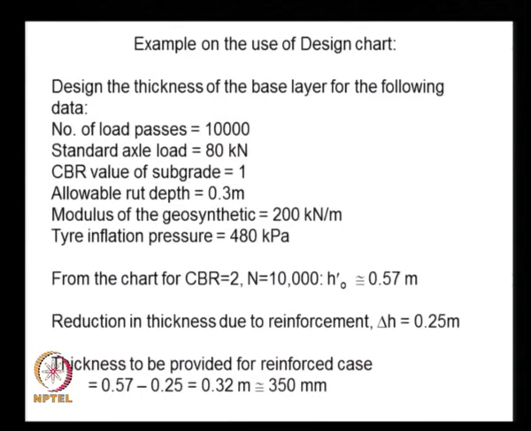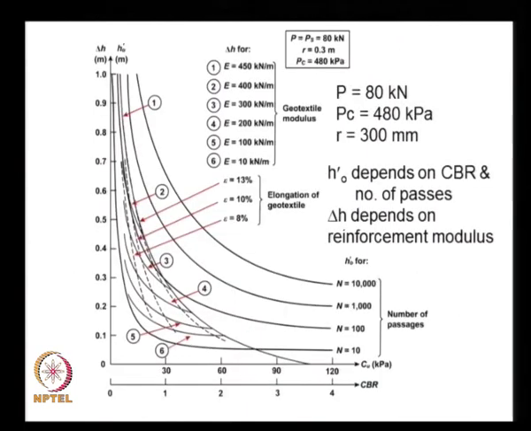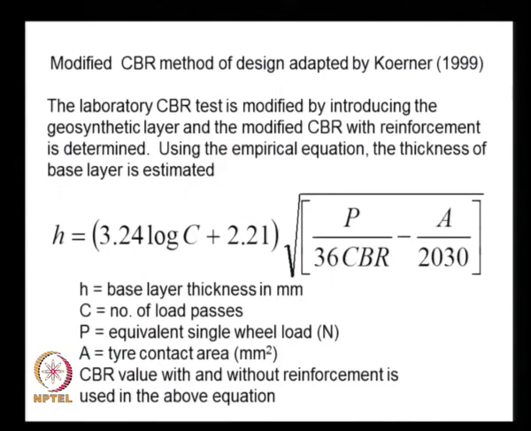These charts that we have are extremely useful. Koerner in 1999 proposed another method for incorporating the effect of reinforcement by taking some empirical equation that was published by the US Army Corps of Engineers, and he called it the CBR method of design.